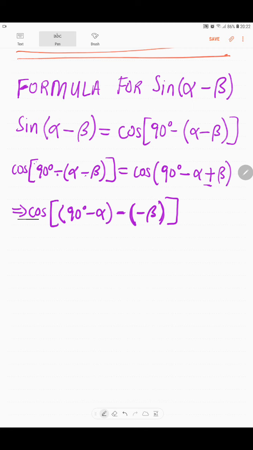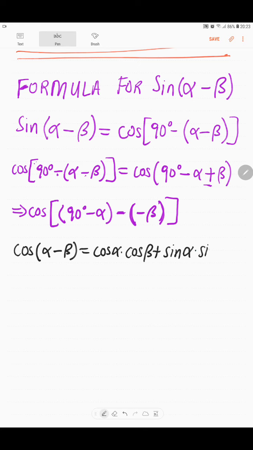I think it's best to put it here so that when we are substituting we know what happened to both of these: cos alpha by cos beta plus sine alpha by sine beta.